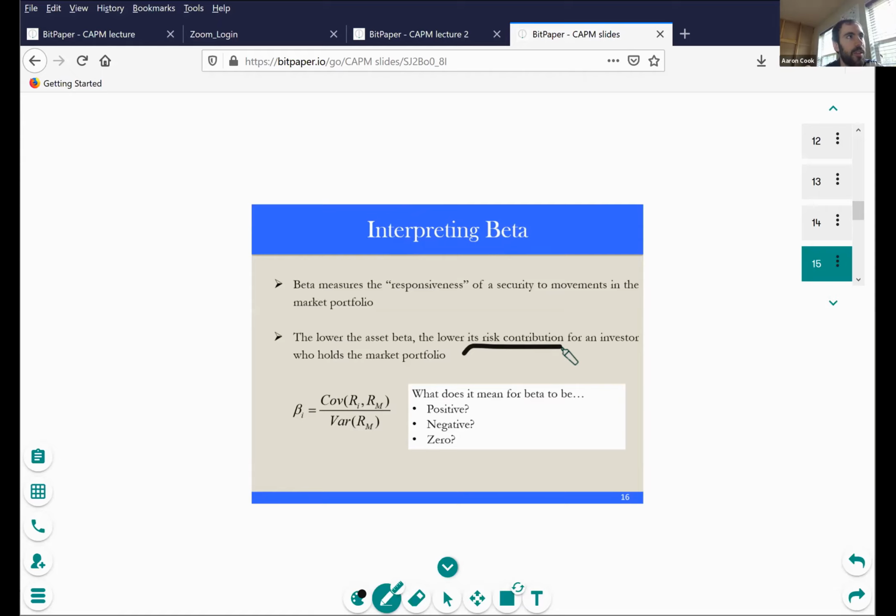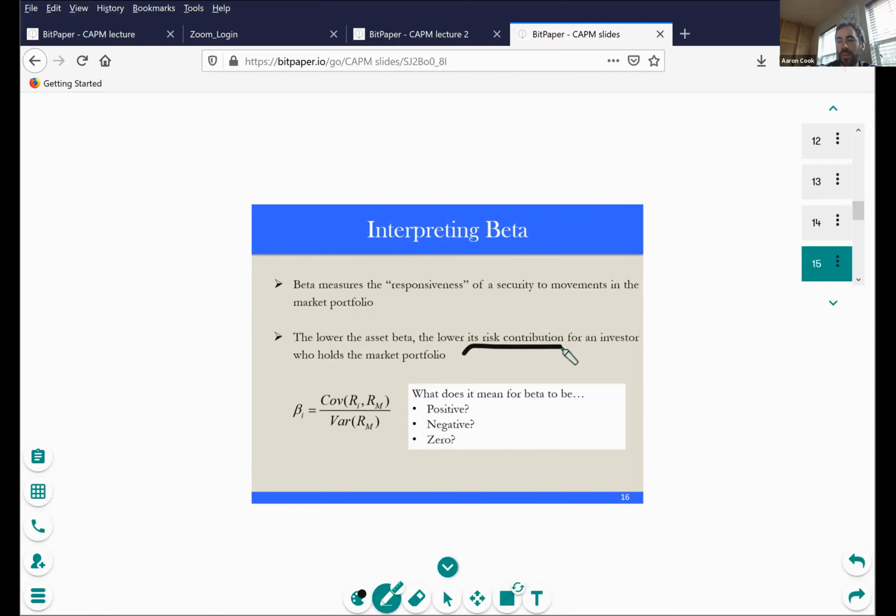If an asset has a small beta, adding that asset to a diversified portfolio is not going to add that much more risk to that portfolio. Whereas adding an asset with a very high beta to a diversified portfolio will overall increase the volatility of that portfolio.